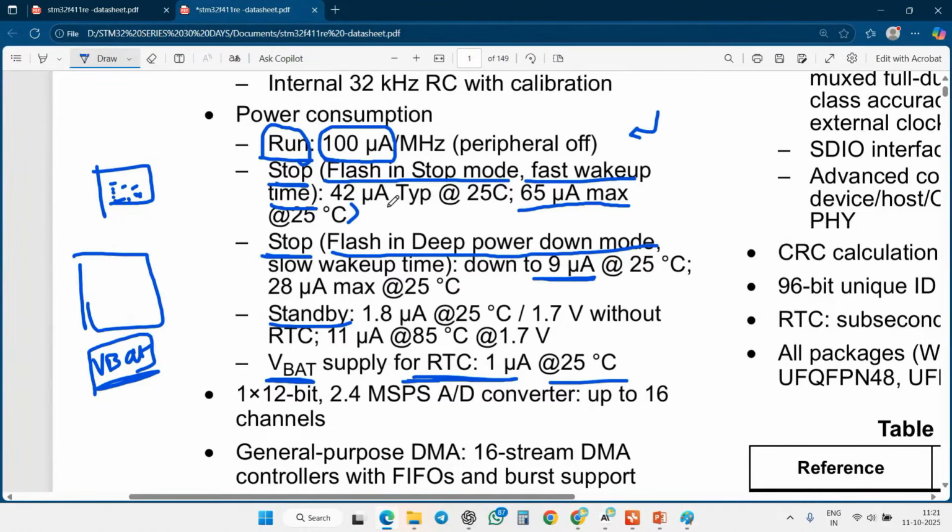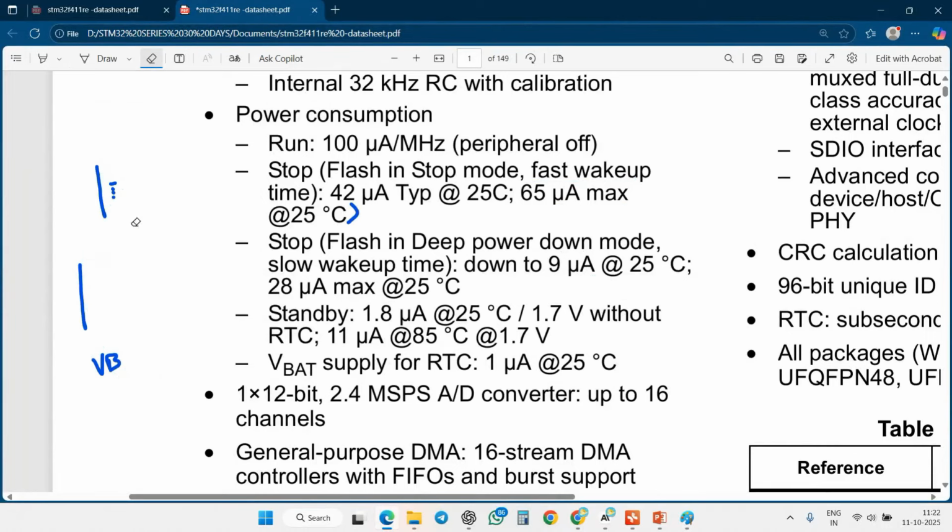It takes a maximum current of 65 microamps, and the typical value is 42 microamps. Deep sleep means your flash is also in sleep mode, and that takes 9 microamps. In standby, everything is powered off and only your RTC is running in the background. At that time it takes 1.8 microamps. Your complete thing is powered off. The power taken by your RTC from VBAT is 1 microamp. The temperature range is this one. I hope this point is clear.